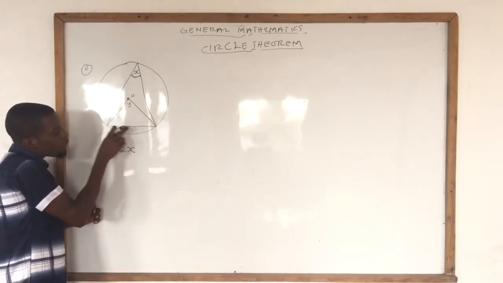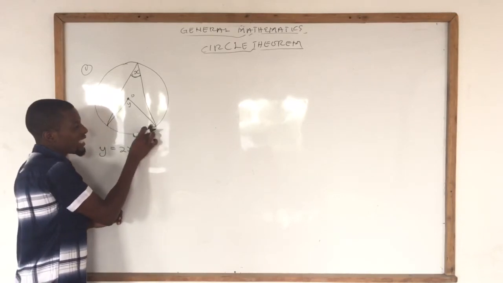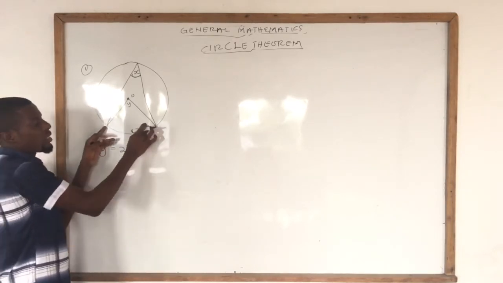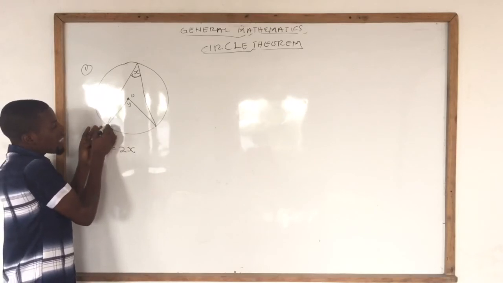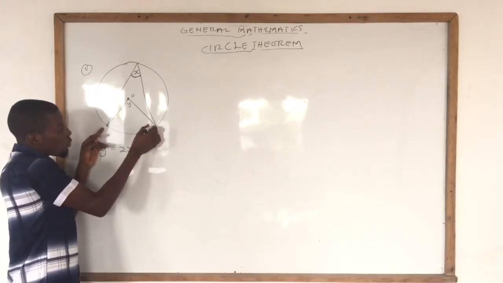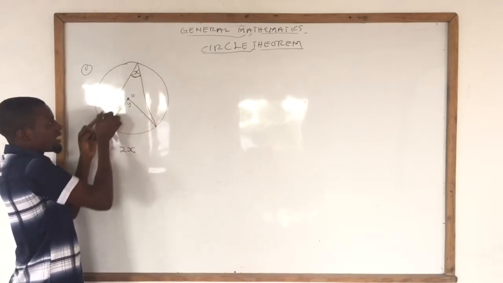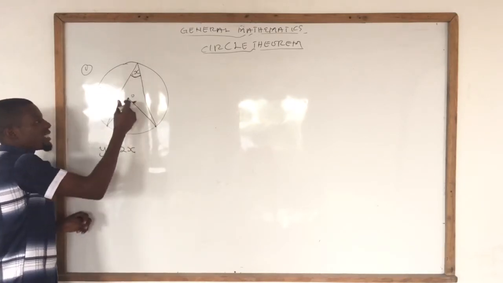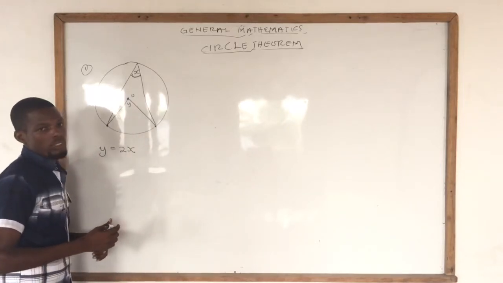So once they are coming from the same chord, it's not all the time that you see a line here. Sometimes you don't see any line, you just see something like this. Once they are coming from the same point, and one subtends an angle at the center, and the same thing subtends an angle at the circumference, then the angle at the center becomes twice the angle at the circumference. Are you okay?